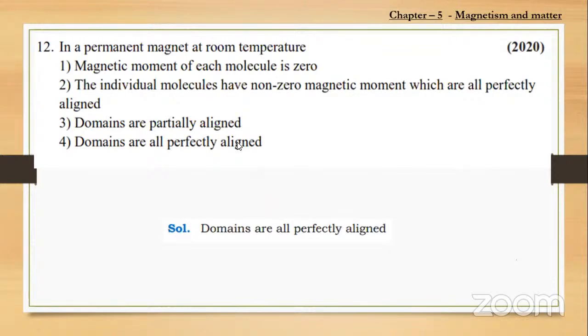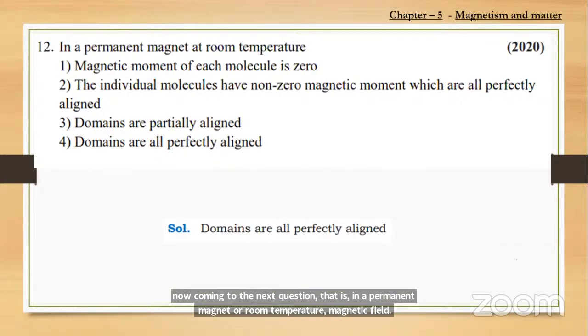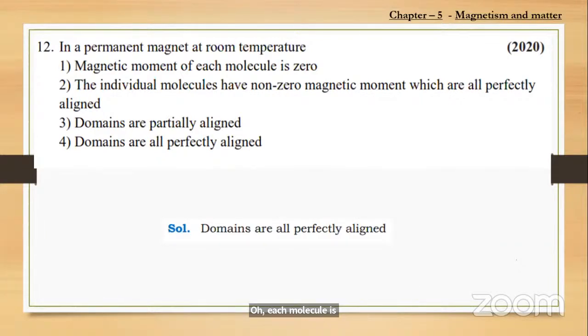Now coming to the next question: in a permanent magnet at room temperature, the magnetic field of each molecule is zero. The individual molecules have non-zero magnetic moment, which are all perfectly aligned. Domains are permanently aligned. Domains are partially aligned and perfectly aligned.